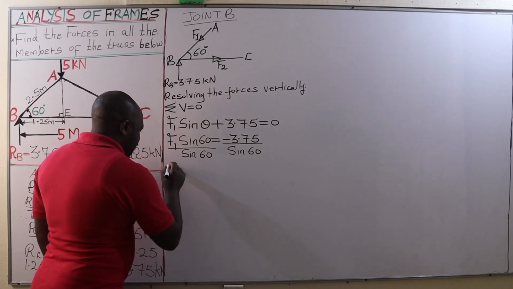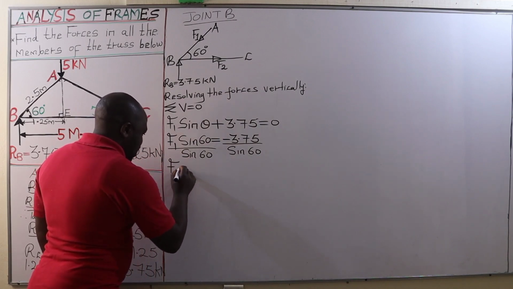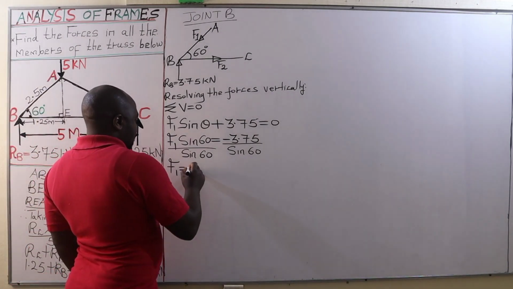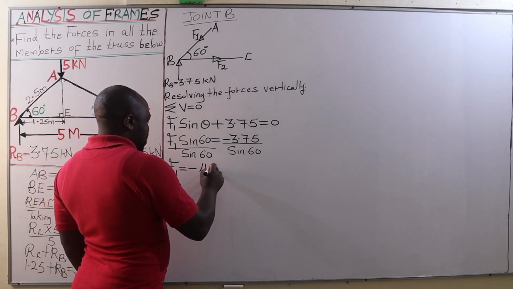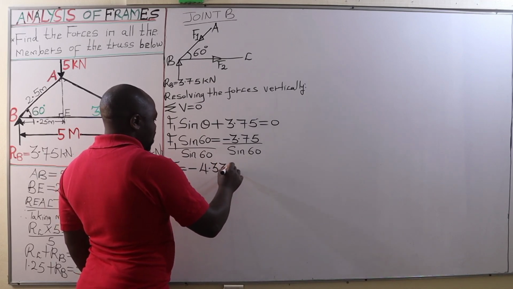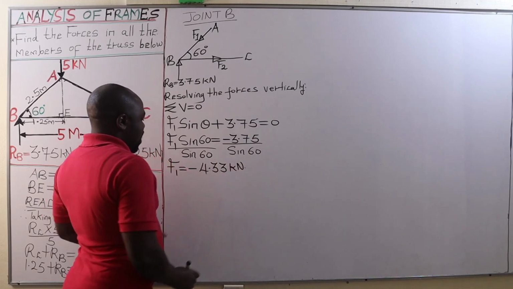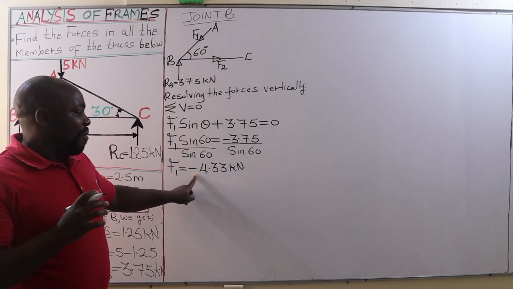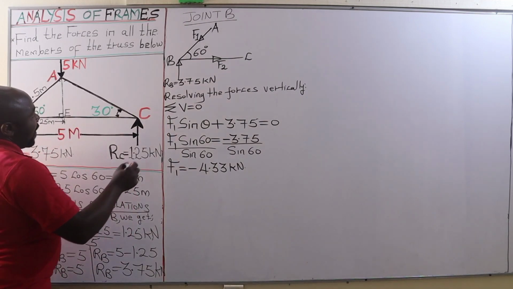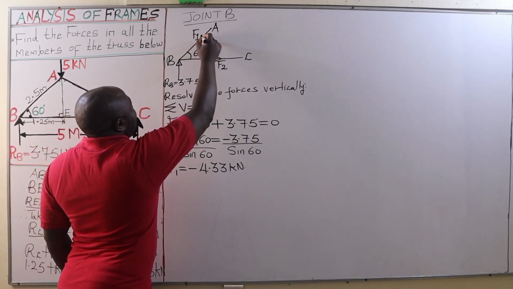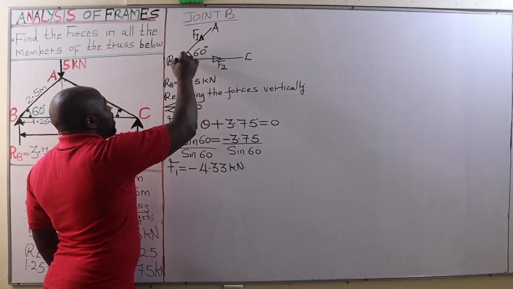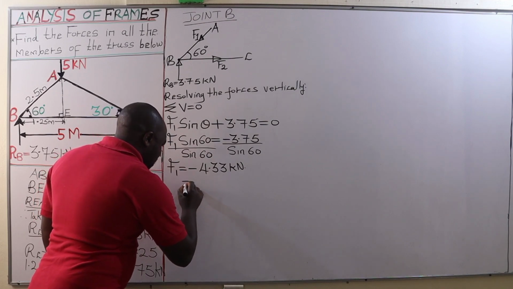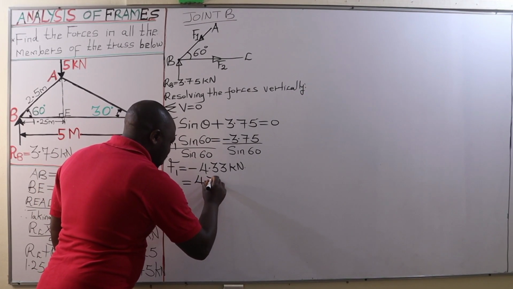And therefore, F1 is going to be equal to negative 4.33 kilonewtons. This negative means that the force F1 is compressive, and therefore this force is going to compress this joint B with a force of 4.33 kilonewtons.